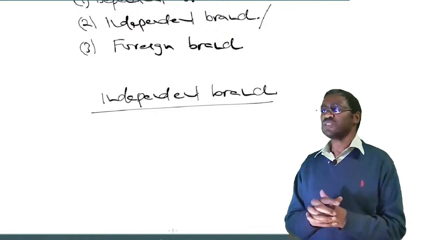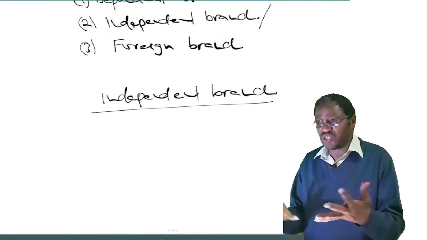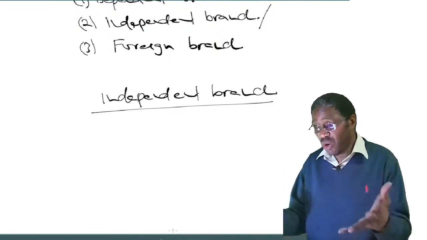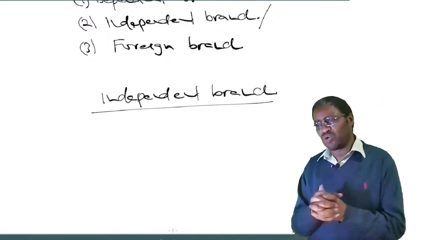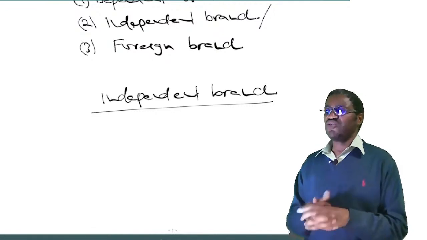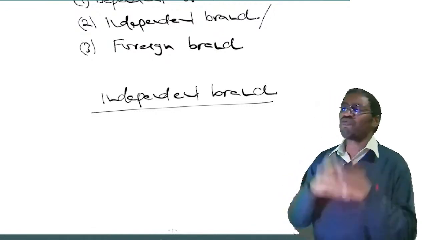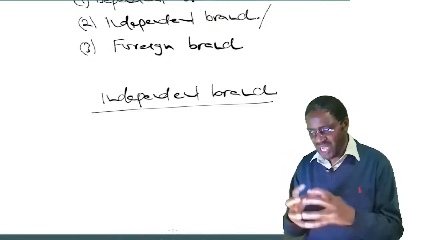For example, assuming you're operating your business in Nairobi, and you want to sell your goods through an outlet in Mombasa. You go to Mombasa and look for a company that can sell goods on your behalf.